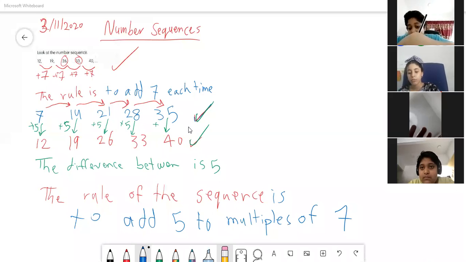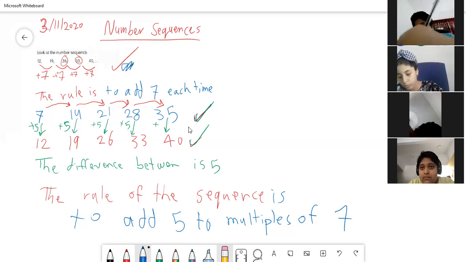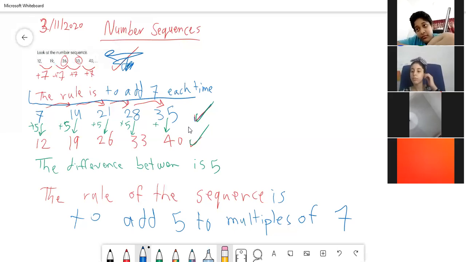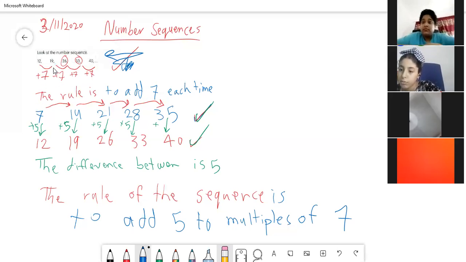So here we have a sequence: 12, 19, 26, and so on. We can describe this sequence as the rule is to add 7 each time. If you look at this sequence, you are going to find that in each step we are adding 7, 7, 7.